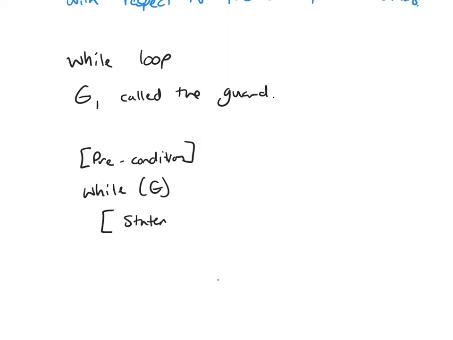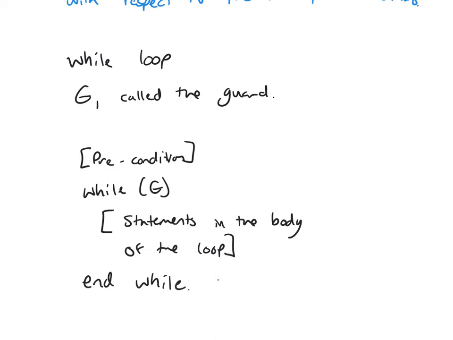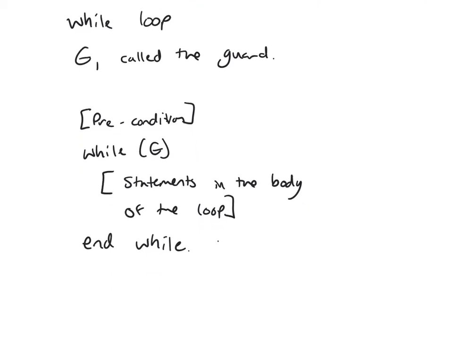So statements in the body of the loop. None of these are going to lead outside of the loop, and then we end the while. So this is our structure.